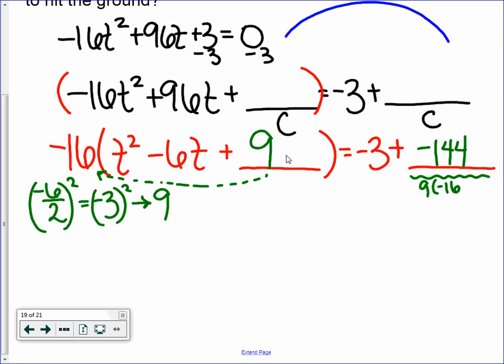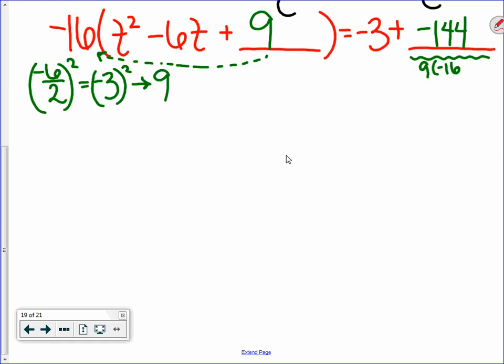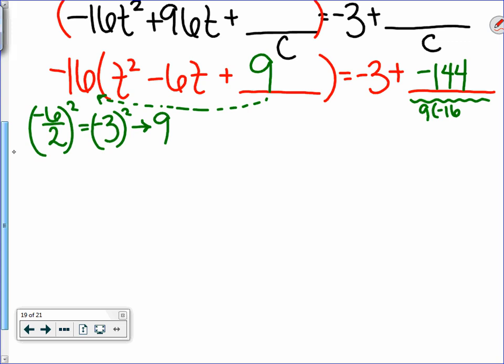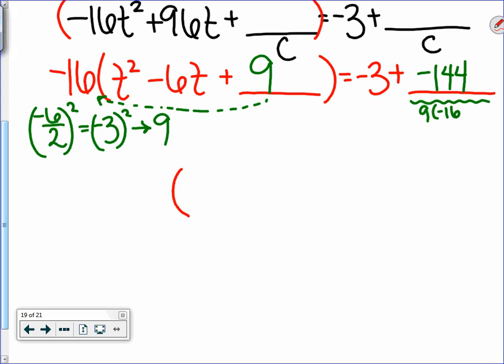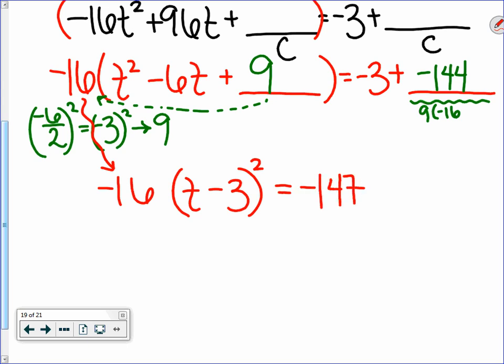When we write our square binomial, once again, what multiplies to give us 9 and adds to give us negative 6 is t minus 3 squared, but you got to keep this negative 16 out front. Okay, equals negative 3 plus negative 144, which is negative 147.